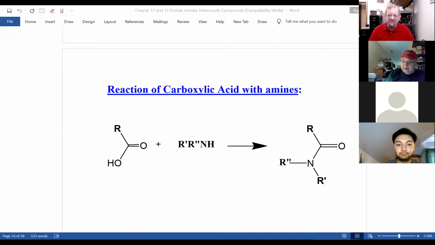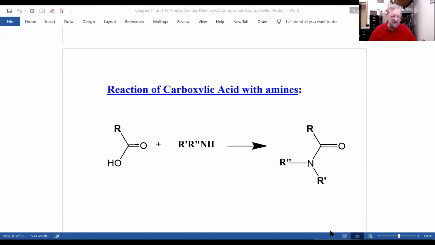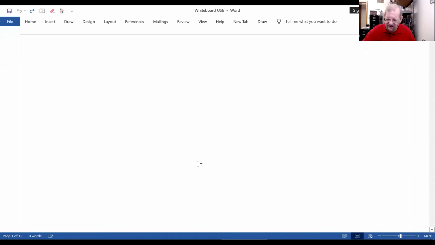All right. Now, just a quick review. How do you make an amide? You take a carboxylic acid and react it with an amine. And again, the general reaction: carboxylic acid plus an amine.